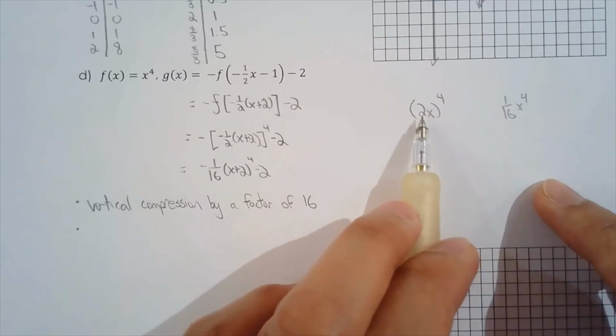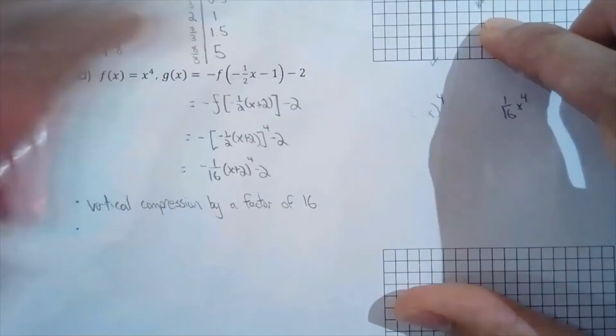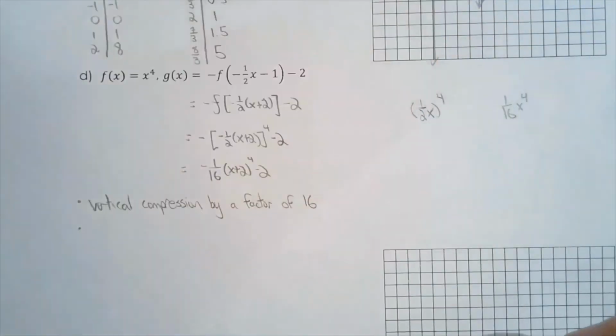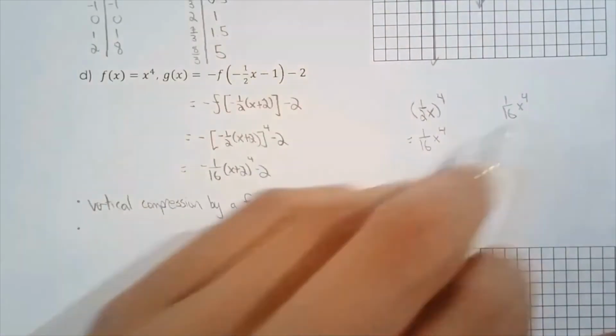This is a horizontal, sorry, let's say 1/2. This is a horizontal stretch by a factor of 2. If you were to expand this or simplify this, you'll get 1 over 16 x to the power 4, which is the same thing as before.